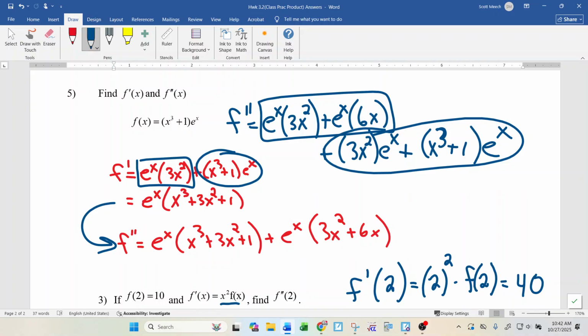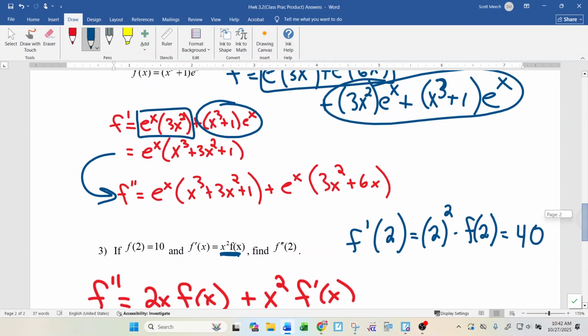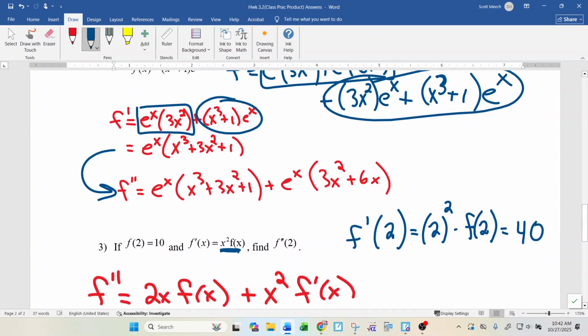Now, if I want to find the second derivative, if I know this is the first derivative, how would I find the second derivative? I'd take the derivative of the derivative. So the second derivative would be the derivative of the first, x squared, which is just 2x, times the second, plus the first times derivative of the second.